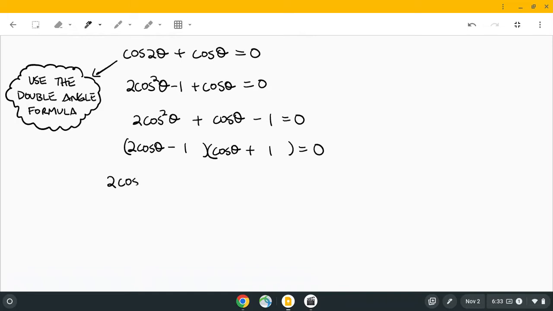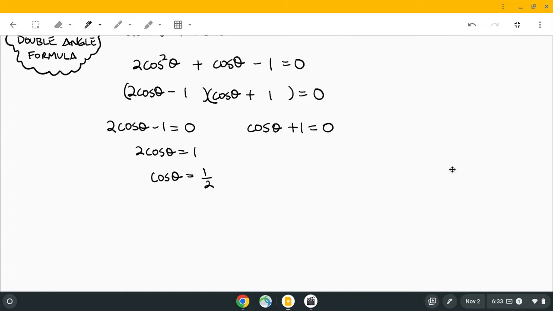So 2 cosine theta minus 1 equals 0, or cosine theta plus 1 equals 0. Solve each one. So I'm going to add 1 to both sides. 2 cosine theta equals 1. Divide by 2 on both sides. Cosine theta equals 1/2. We've seen this before.